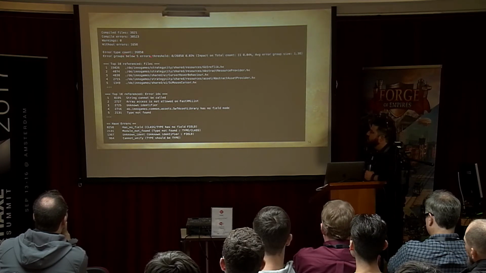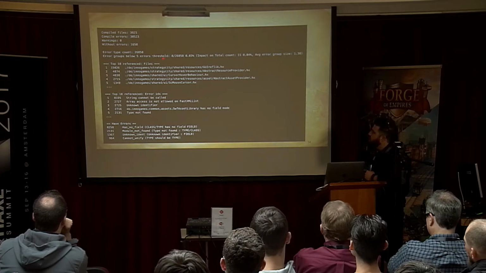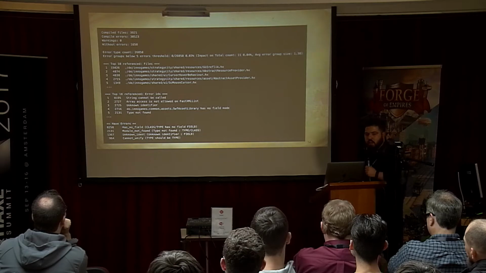As you can see, we have finally the error counts, and this looks a bit complex, but it's quite simple. It's basically telling us that there is no isolated error. The grouping of the errors shows us that most groups have an average of 11 errors or something like that.